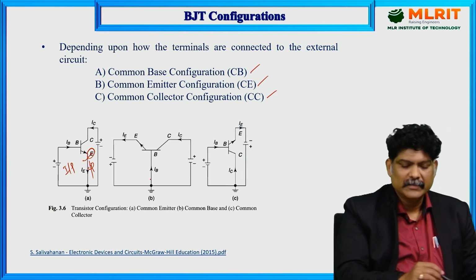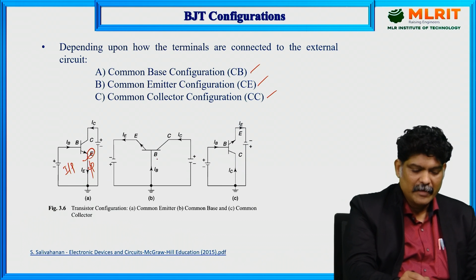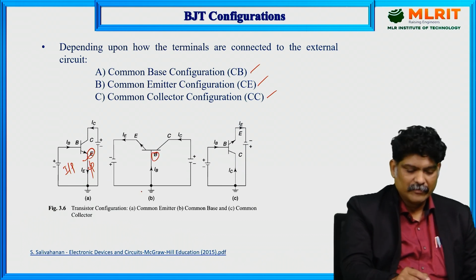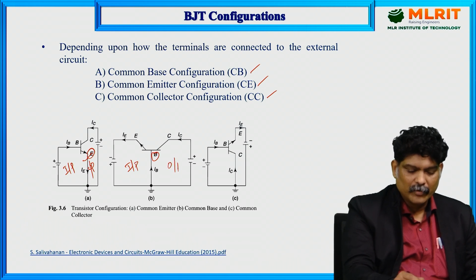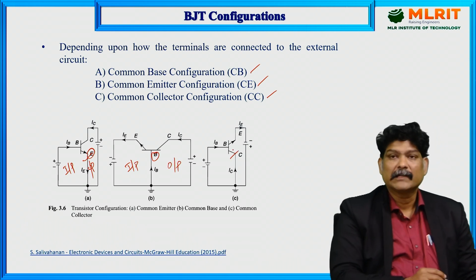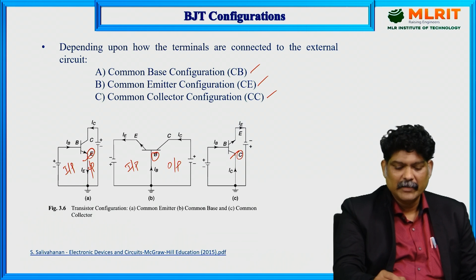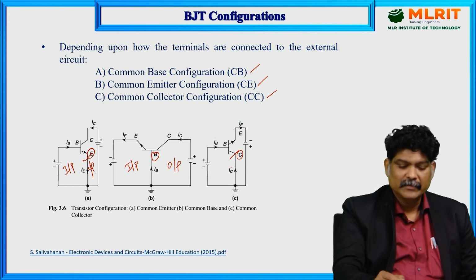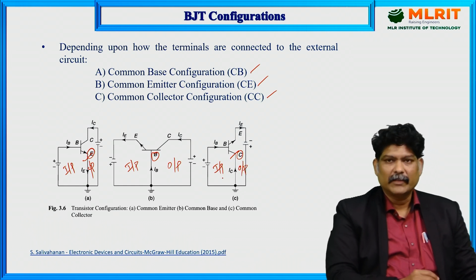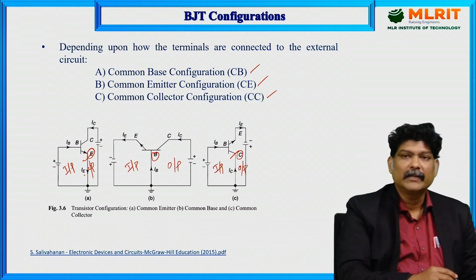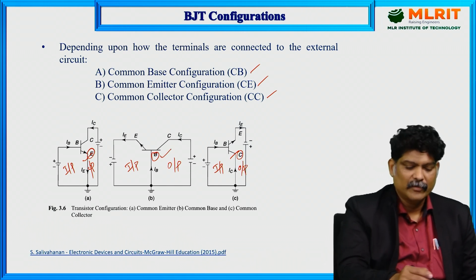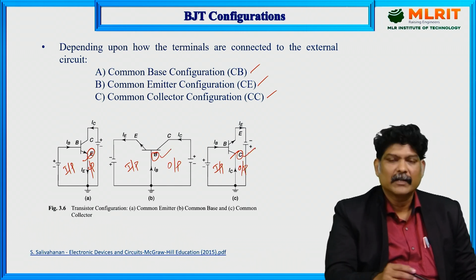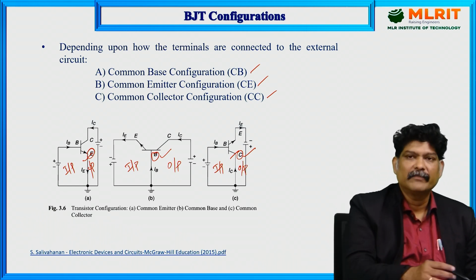Here this is the common base configuration because the base terminal is grounded, that is, the base terminal is common to input port and output port. And this is the common collector because the collector terminal is grounded, or common to input port and output port. In other words, common emitter can also be termed the emitter grounded configuration, this is the base grounded configuration, and this is the collector grounded configuration.